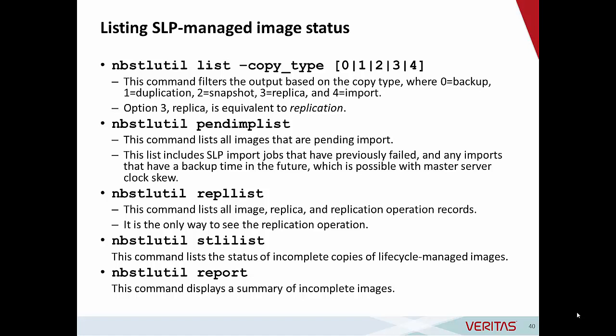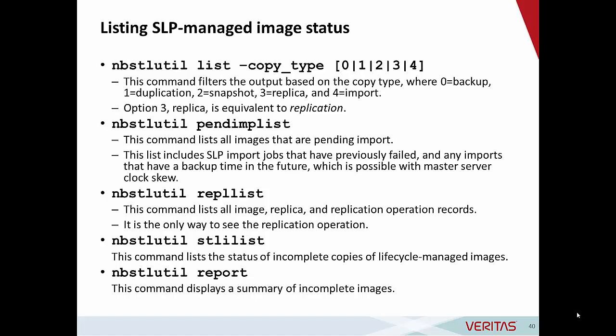The nbstlutil command is very helpful in working with storage lifecycles and therefore very helpful in working with AIR. I can use this command to get information about images and what their status is, whether they've been processed completely or not by storage lifecycles. So for example, I can view here a list of all images that are pending import.